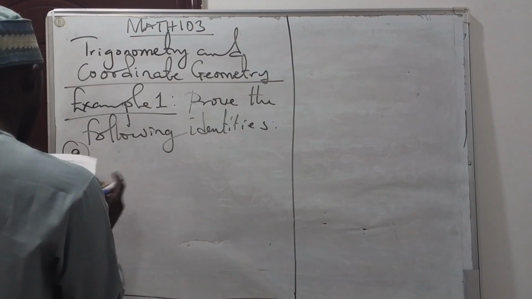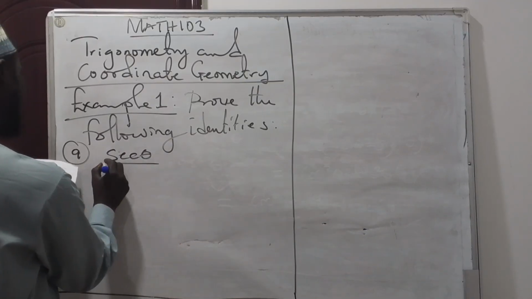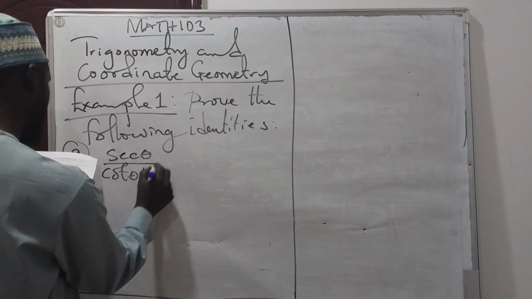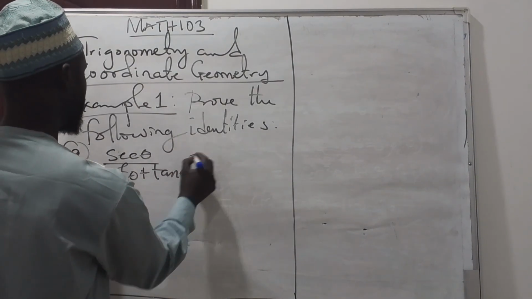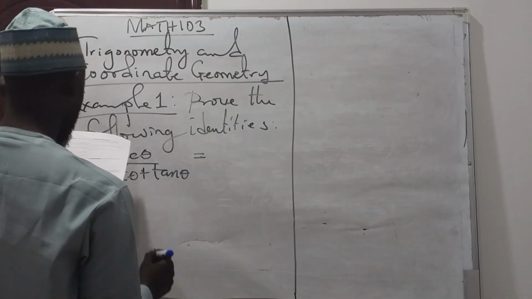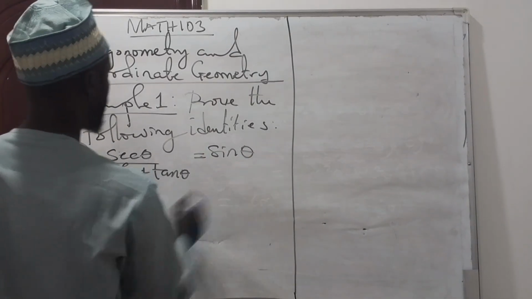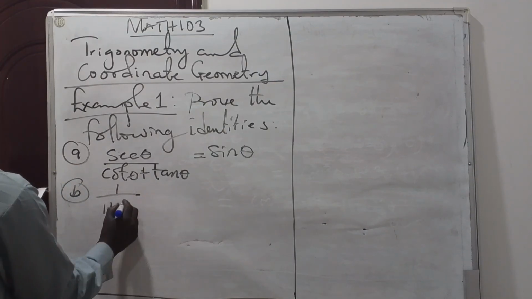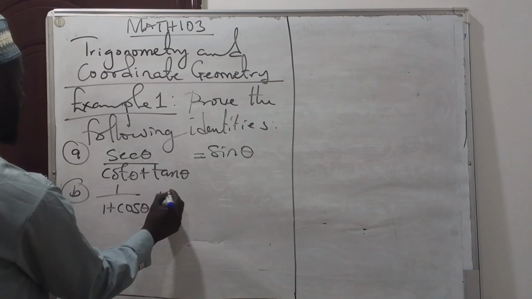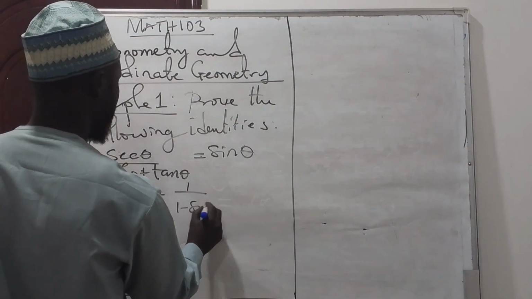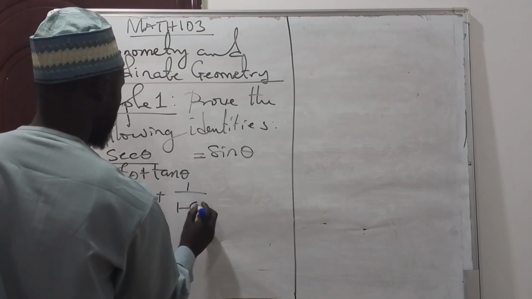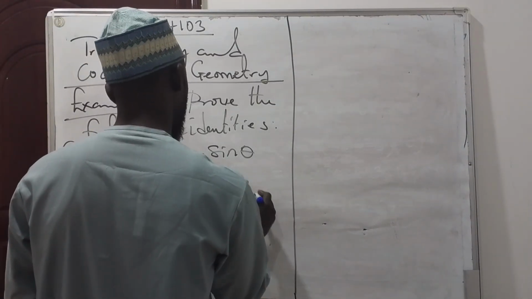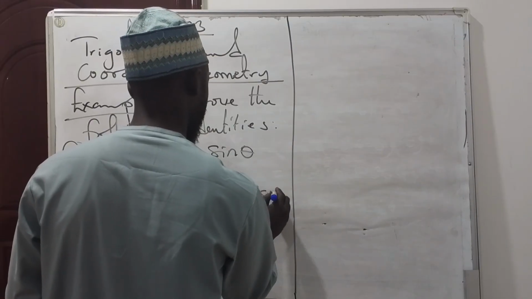A is saying sec theta over cot theta plus tan theta is equal to sine theta. B, 1 over 1 plus cos theta plus 1 over 1 minus cos theta is equal to 2 cosec square theta.